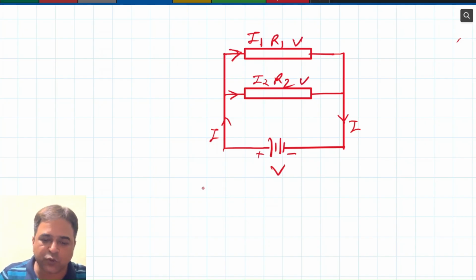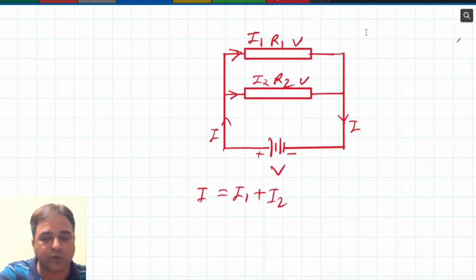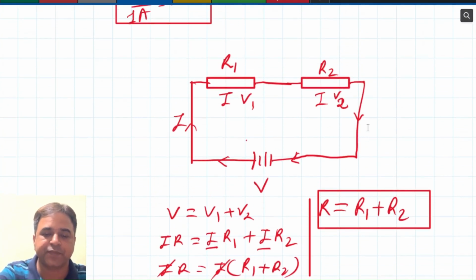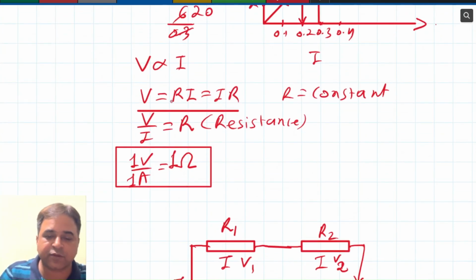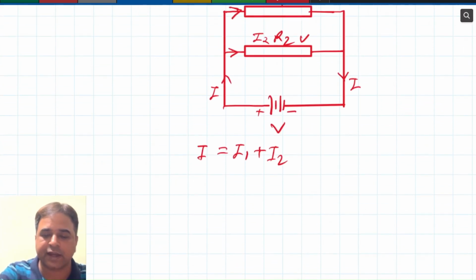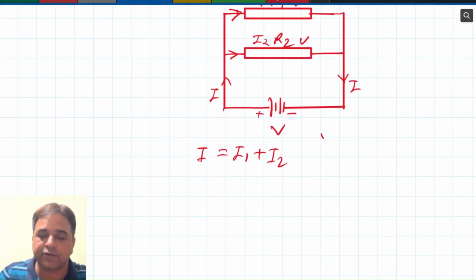So here, total electric current I is equal to I1 plus I2. Now again, according to Ohm's law, V is equal to IR.